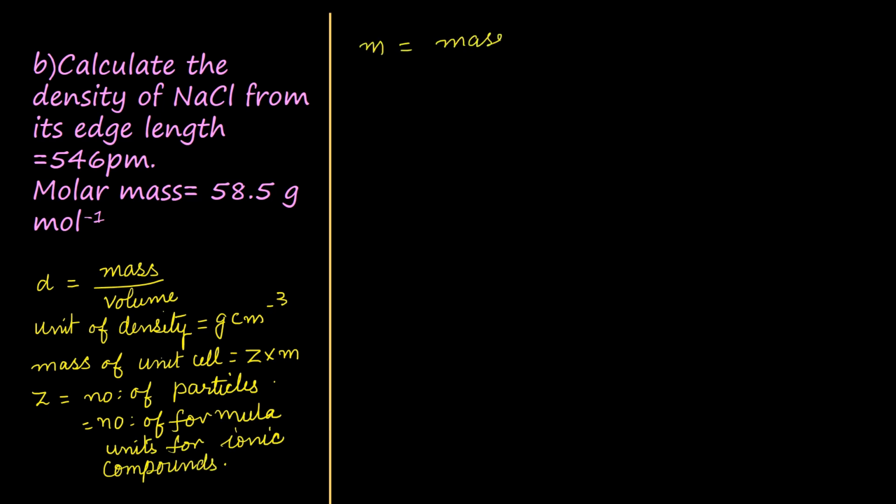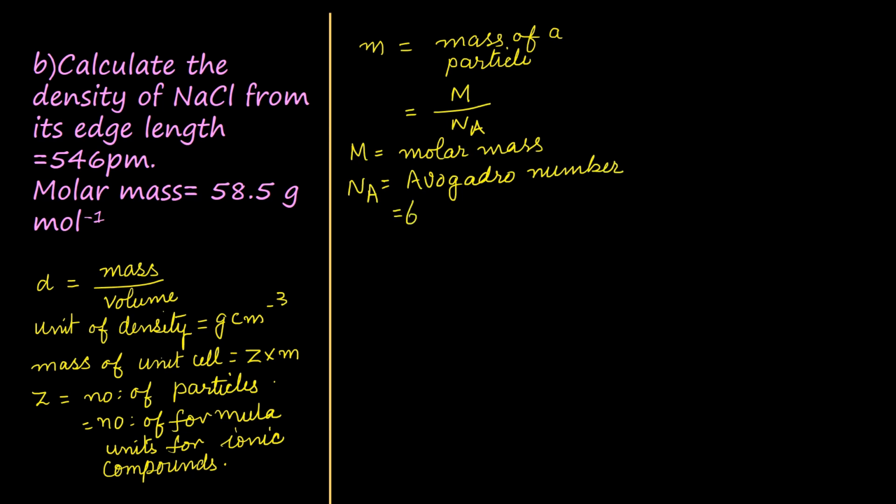Small m is equal to mass of the particle, which is equal to molar mass divided by Avogadro number marked as Na, equal to 6.022 into 10 raised to 23. Therefore, mass of unit cell is equal to Z into capital M divided by Na.